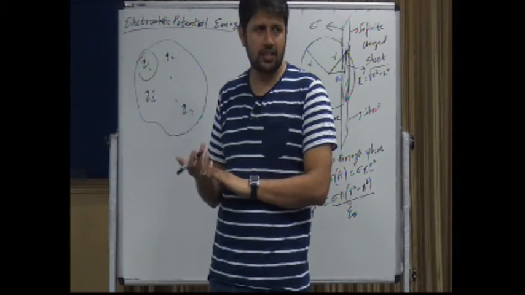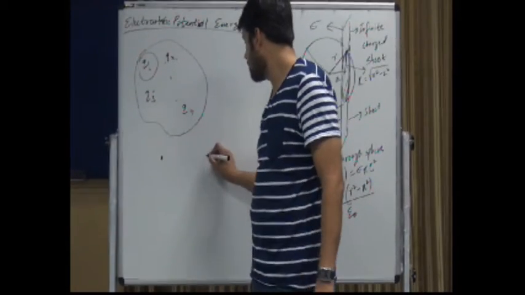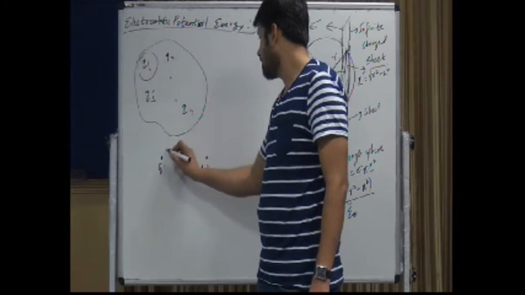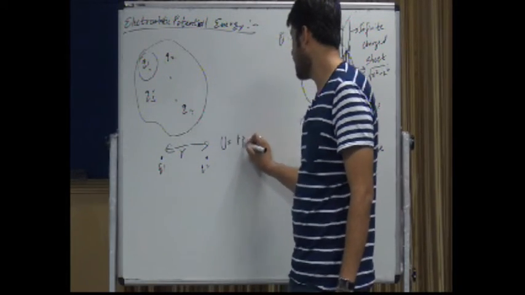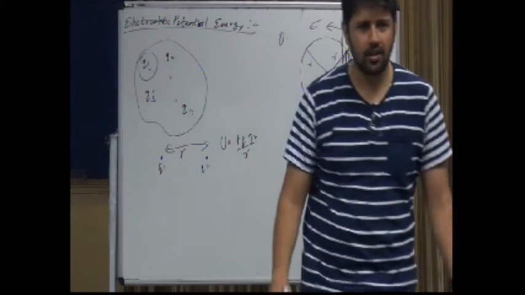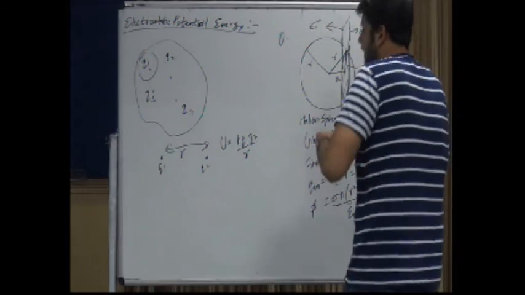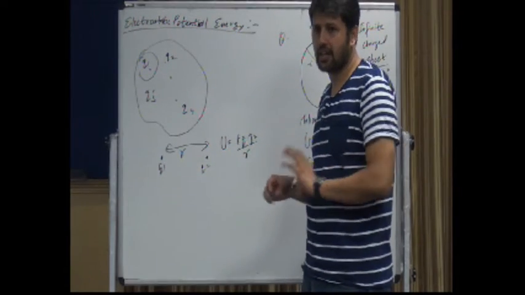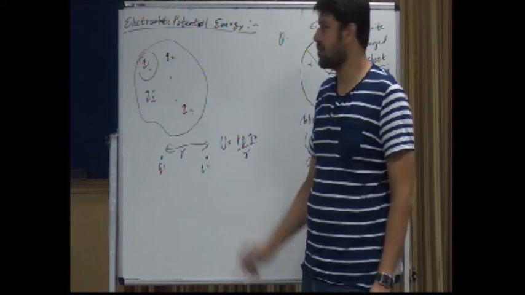For a two charge system, Q1, Q2, the separation is R, the potential energy is how much? K Q1 Q2 by R. This you already know, right? I won't be deriving it or explaining a lot about it, because you know it. We'll apply it directly. For a multiple charge system, what we do is we form pairs.